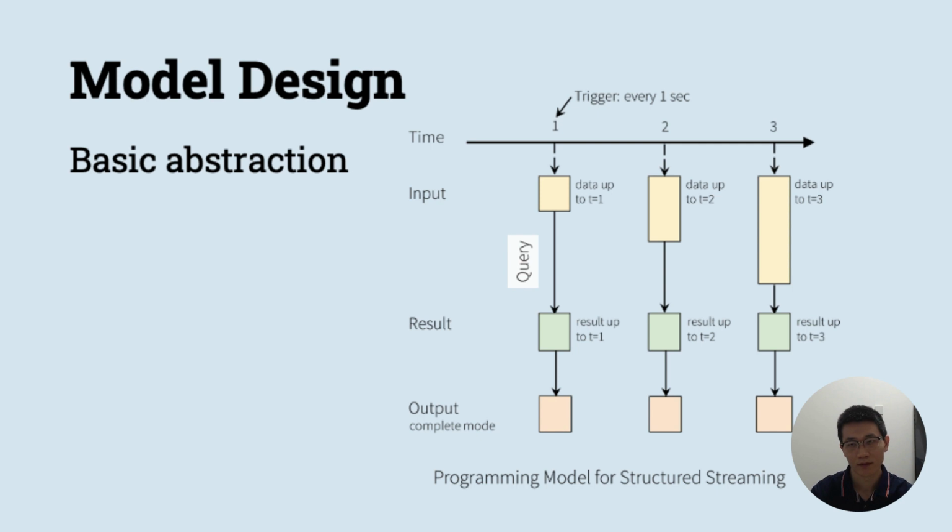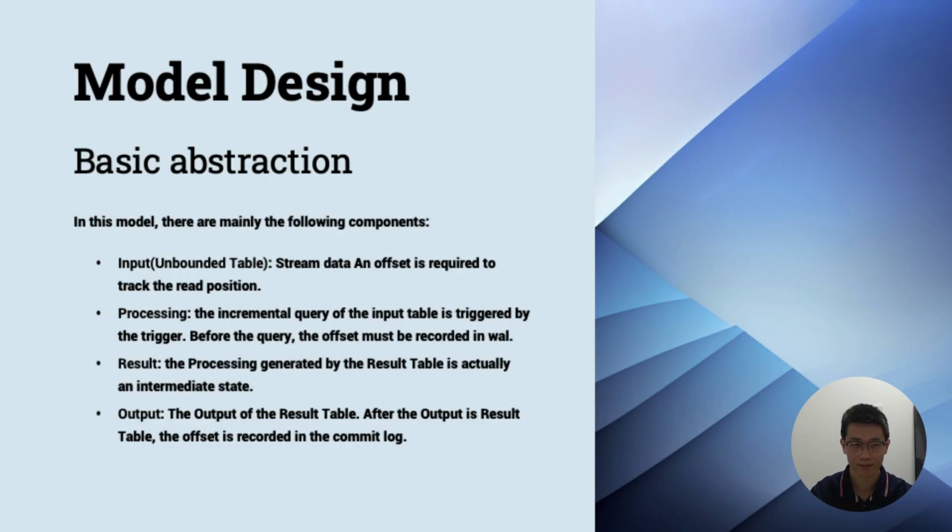In essence, it's a relatively straightforward model, but there are many details within it, which we'll discuss in more depth later. You can see that this model is quite straightforward. Within this model, we have provided an overview of the process.